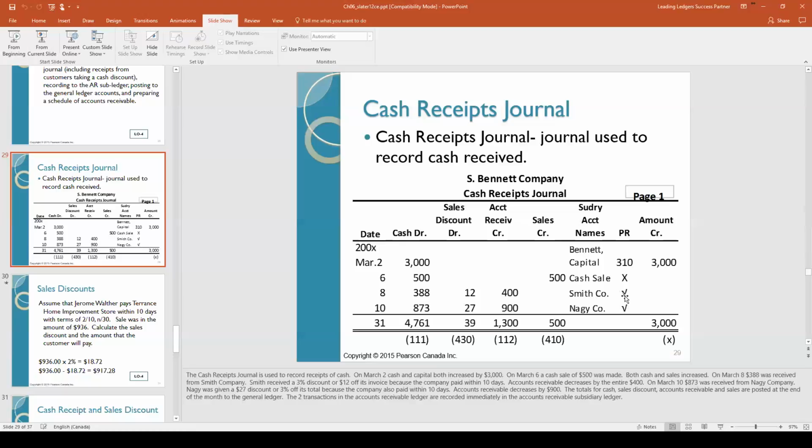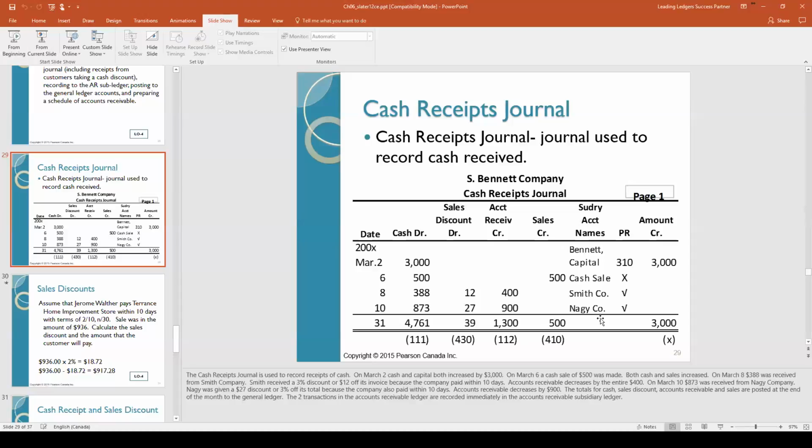I want to pay. And if we don't have these subsidiary accounts updated immediately, we may tell them that they owe too much money or that they don't owe enough money at the end. So whenever there's sales or whenever there's subsidiary accounts involved, you do post to those on the same day that the transaction occurs.